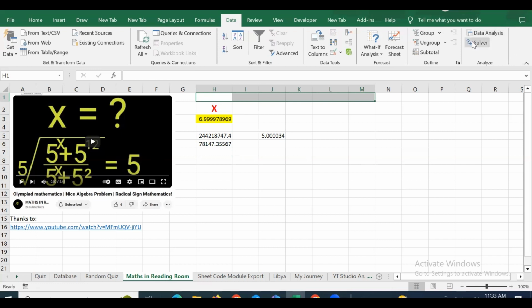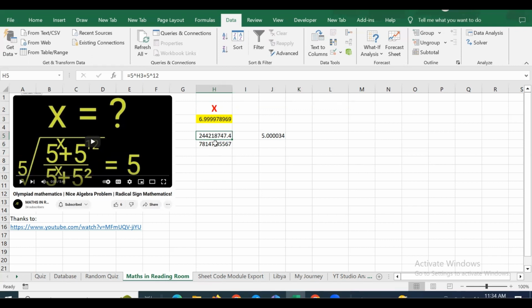Sometimes you may use the solver, and there are other statistical functions available. The basic thing is that you should be able to parse, to divide the solution into different cells. We have used one cell, H5, to determine this, and H6 will determine the bottom part, the denominator and numerator.